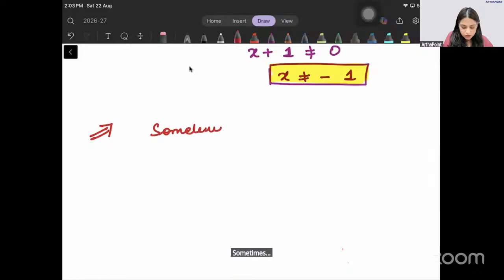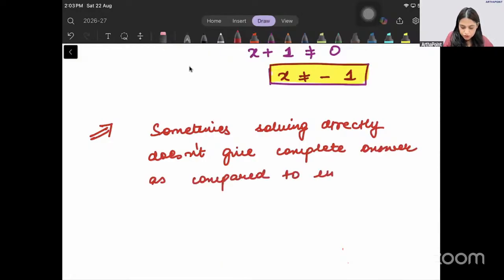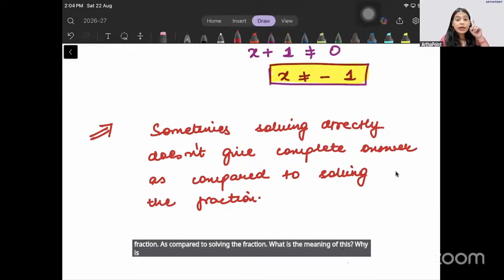Sometimes solving directly does not give complete answer as compared to solving the fraction. इसका क्या meaning है? What is the meaning of this? Why is this important? ये बहुत important है.